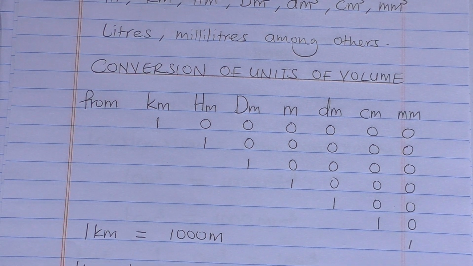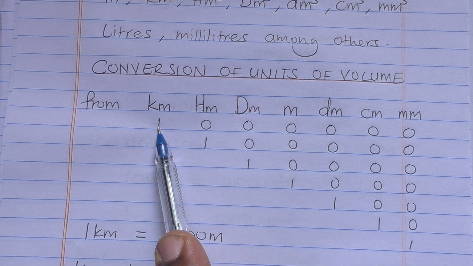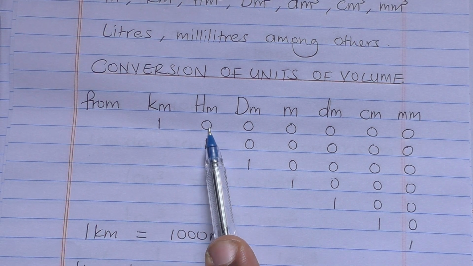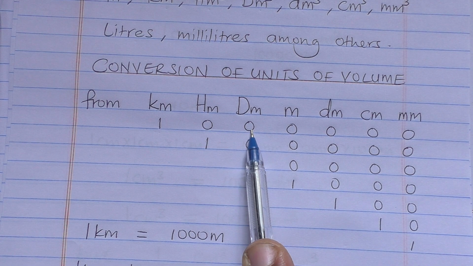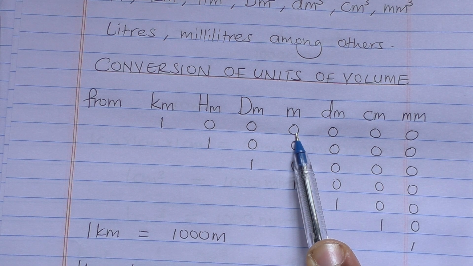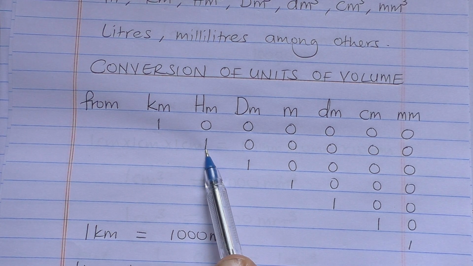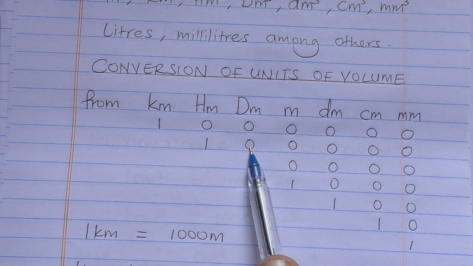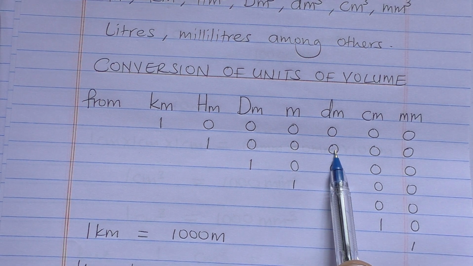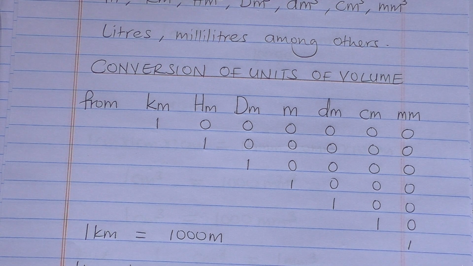So from that formula, we realize that 1 kilometer is equivalent to 10 hectometers, also equivalent to 100 decameters, 1,000 meters, among others. Also, 1 hectometer is equivalent to 10 decameters, 100 meters, 1,000 decimeters, among others. So this is the formula that we use to guide us on how we convert from one unit to another.